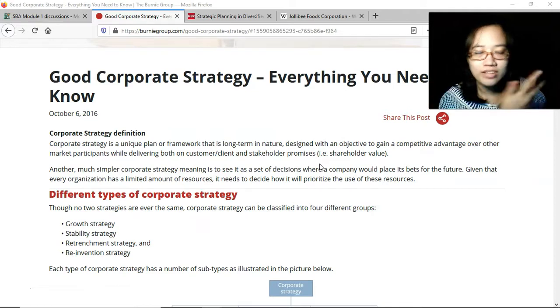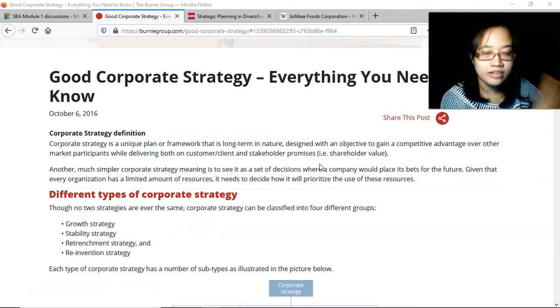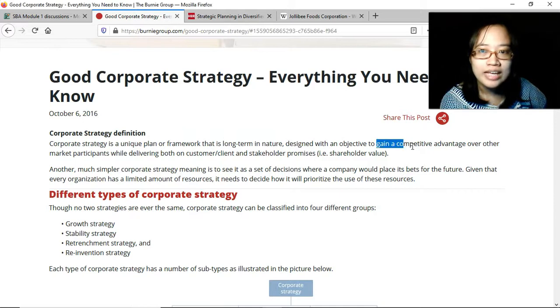Okay, so in a way, from the previous videos, we've been trying to define strategy quite a few times already. But for corporate strategy, we have long-term in nature, and then of course it's a plan or a framework. And it has an objective of, I think we should note this one, gain a competitive advantage over other market participants.